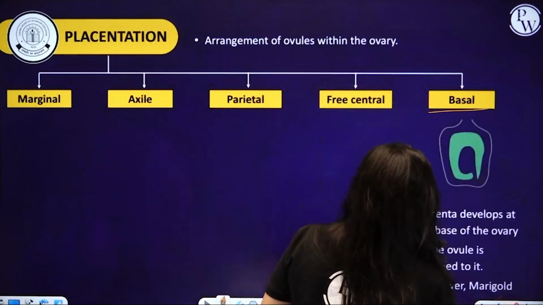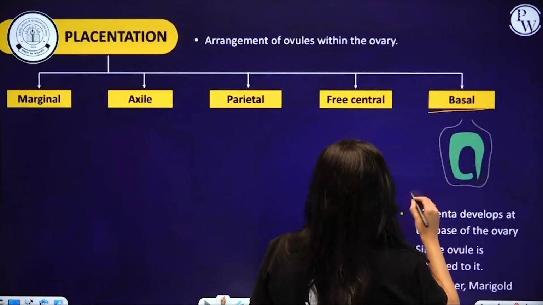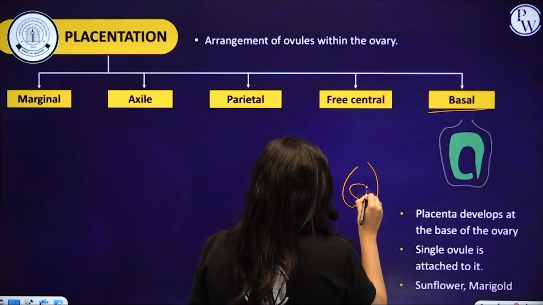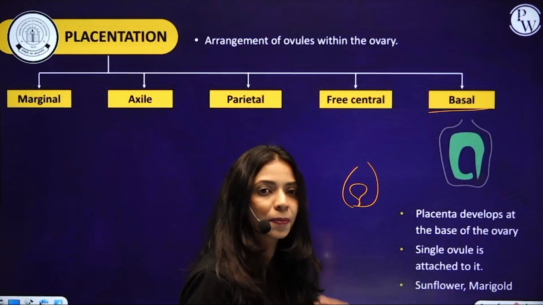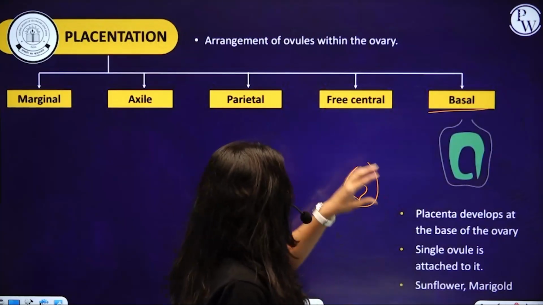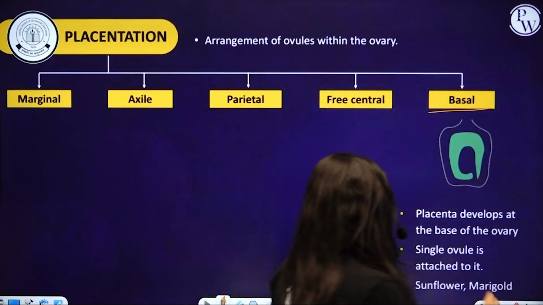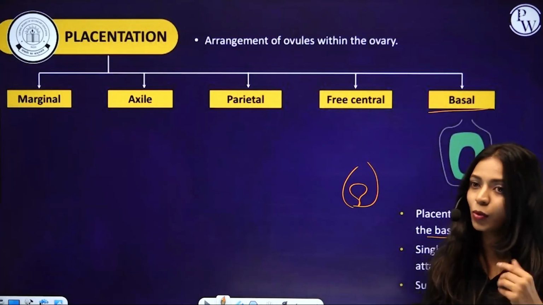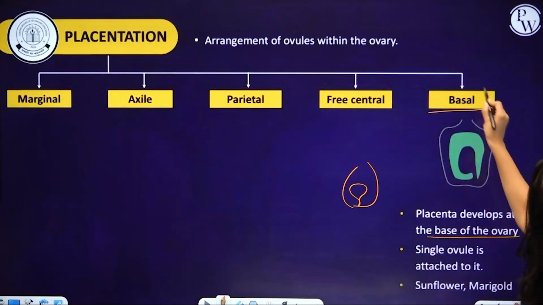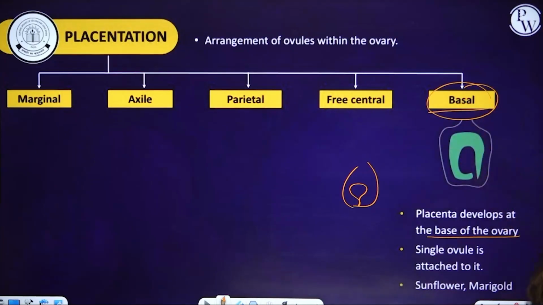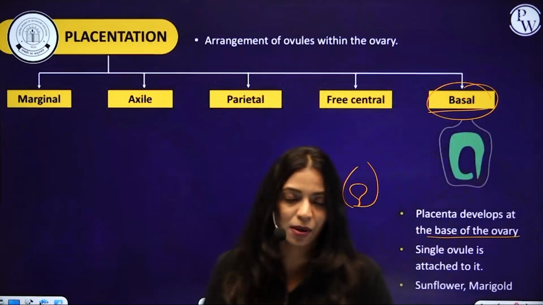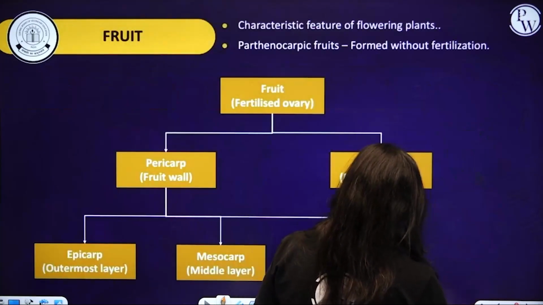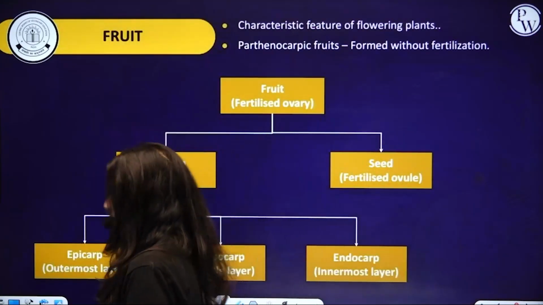Here you can see that there is the ovary, and the ovule is attached to the base of the ovary. If the placenta develops at the base of the ovary and a single ovule is attached at the base, we refer to it as basal placentation. Such a type of placentation can be observed in sunflower and marigold. Okay, so that's about placentation.